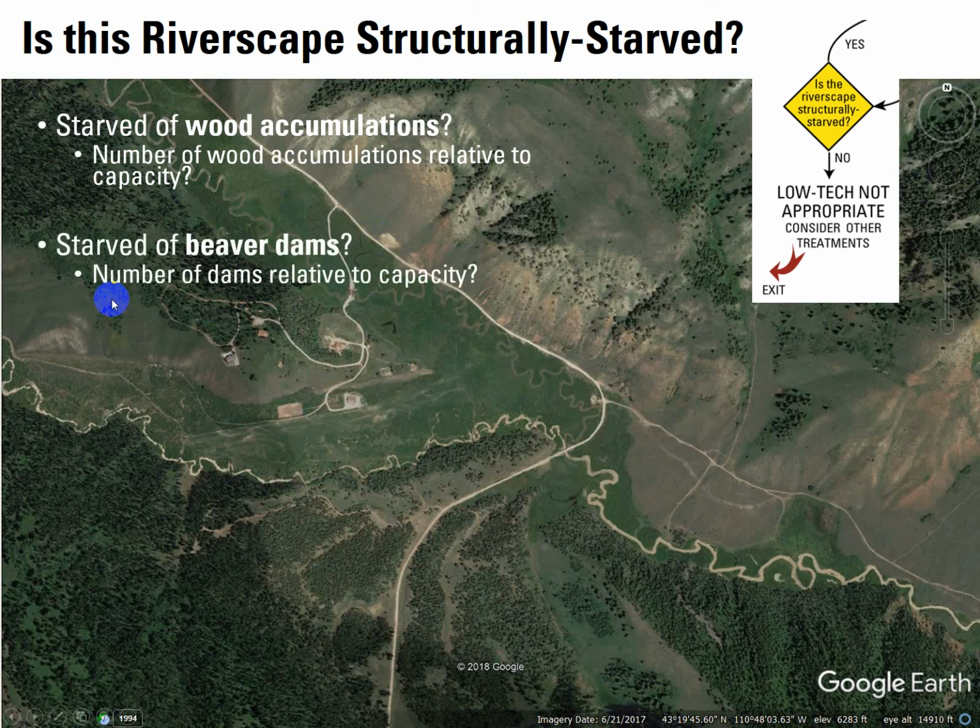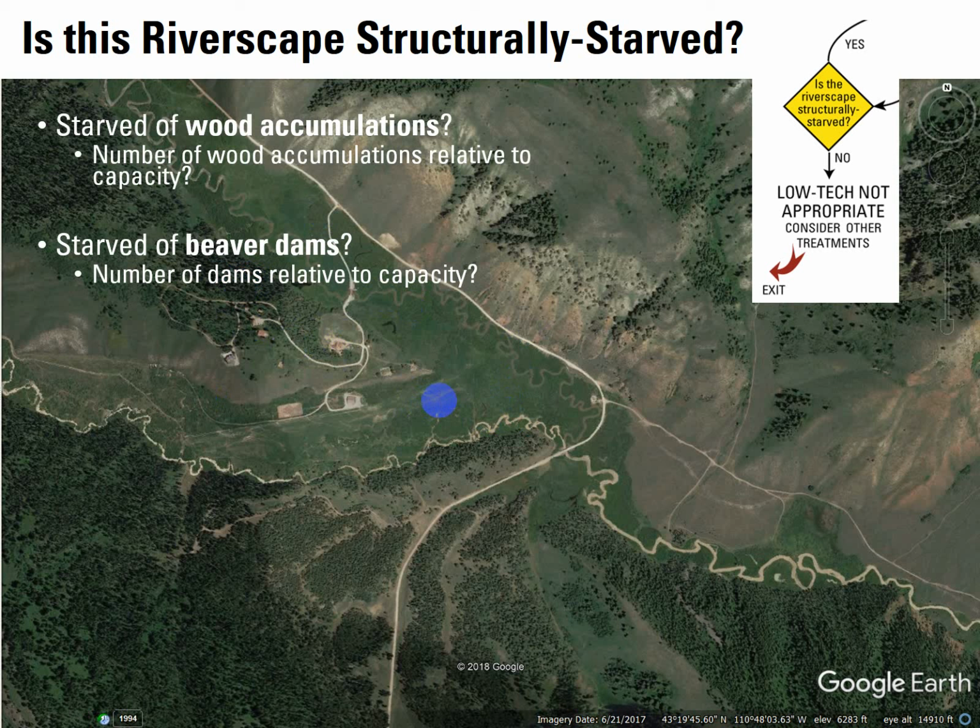Okay. Same thing for starved from beaver dam activity, right? You can count beaver dams, but what's its capacity? And we do have models like BRAT, the Beaver Dam Restoration Assessment Tool, which allow predictions of existing capacity. And capacity is an upper limit. In certain points in time, it may reach that capacity.